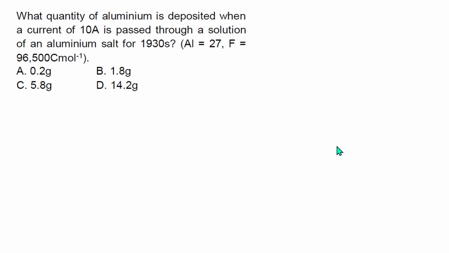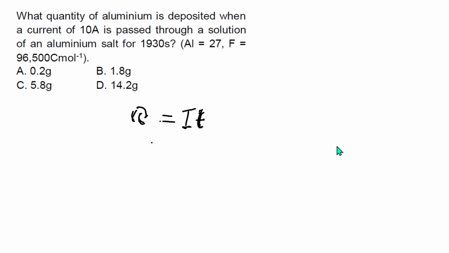The quantity of electricity is usually represented with the capital letter Q. This Q is always equal to IT, where I stands for current and T stands for time.